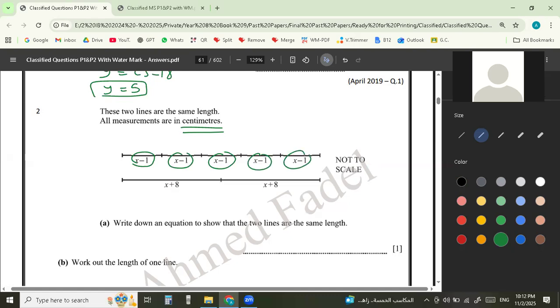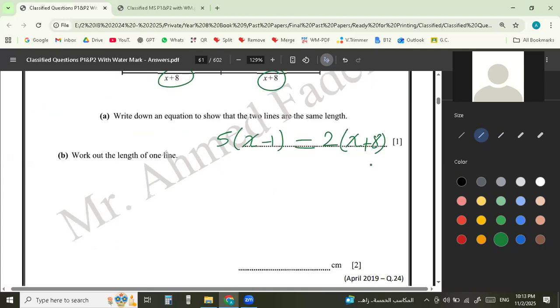So I'm going to say 5 (x minus 1) equals, 1, 2, the same as 2 of (x plus 8). This is the equation. I got 5 of (x minus 1) is the same length as 2 of (x plus 8). This is the equation that they are requesting.